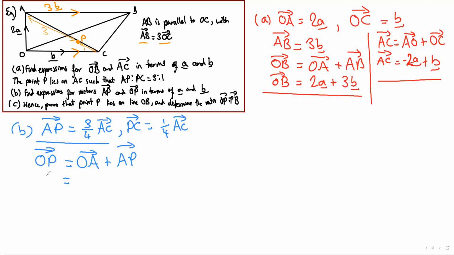Both of these. So we get OP equals 2A plus AP, which we figured out to be 3/4 AC, which AC we've figured out to be minus 2A plus B.